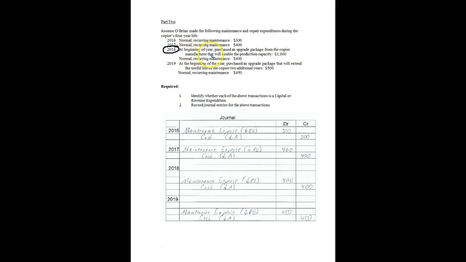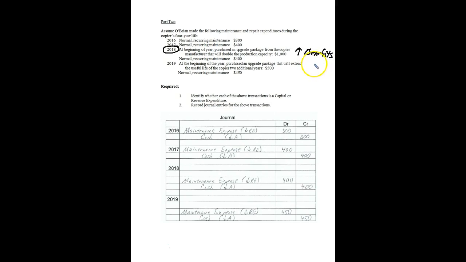So in 2018, at the beginning, we purchased an upgrade package from the copy manufacturer that will double the production capacity. So in other words, we're going to get more benefits, right? This is going to increase our benefits from the copy machine. We're going to get more value out of it.